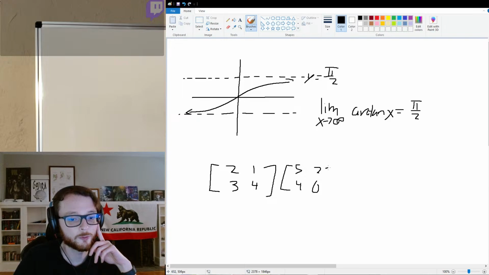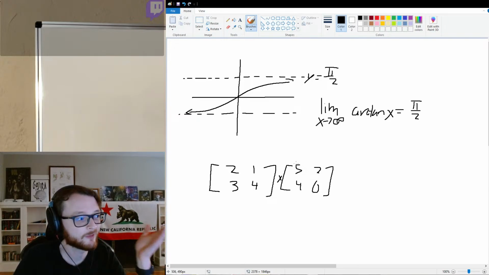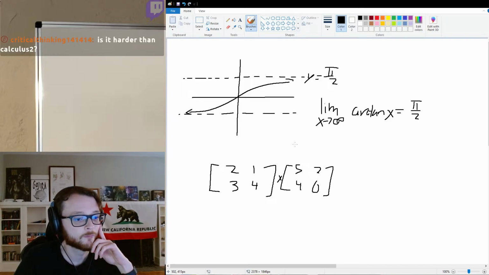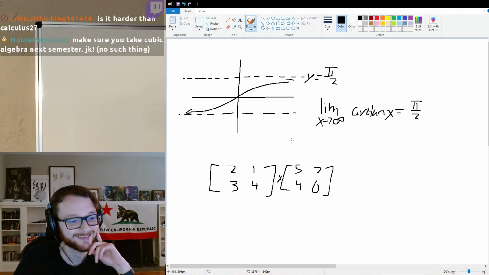So you can define how this multiplication would work, and it's a lot of arithmetic, but it's not so bad. Harder than calculus 2? I don't think so. For a first semester linear algebra class.